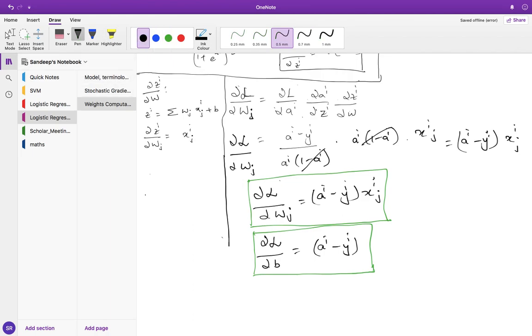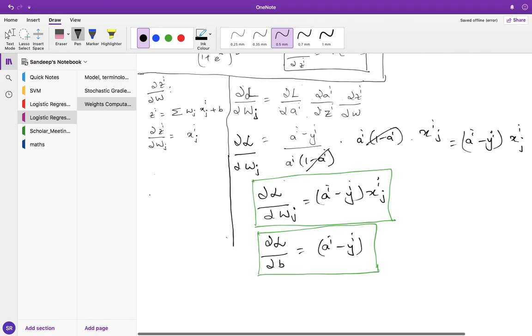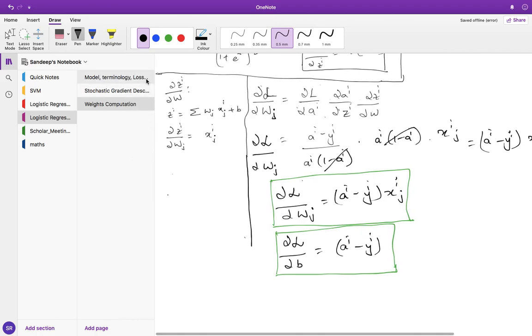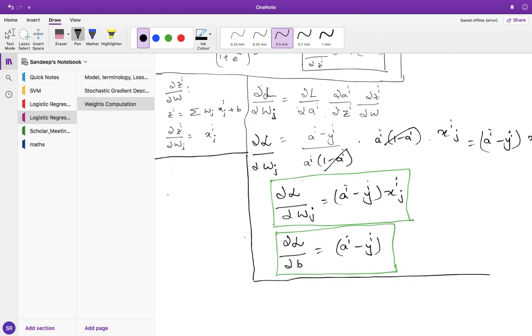So let us start now how this can be incorporated into the stochastic gradient descent algorithm.